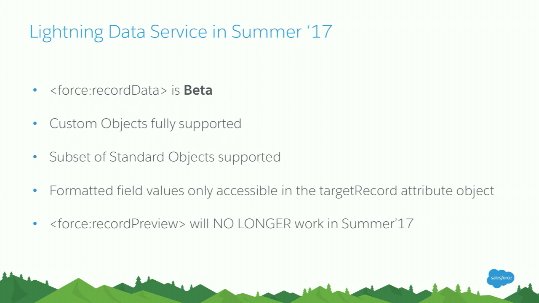It is going to be beta in Summer 17. Custom objects are fully supported, but a subset of standard objects are supported, which is one of the reasons it's beta. And for a full list, you can, again, look at our online documentation so that you know what's available through Lightning Data Service and what isn't yet.